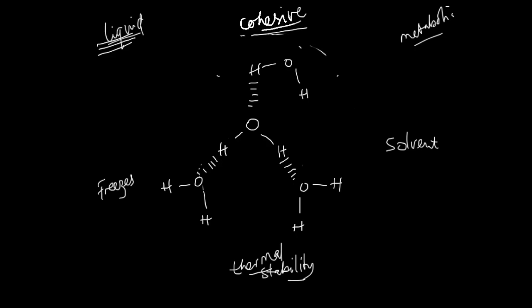And because the particles can still move around, because those bonds are weak, it can be a liquid. For the same reason, water has a high thermal stability. What that means is it takes a lot of energy to change the temperature of water. And that makes sense if we realize that changing the temperature essentially just means increasing the kinetic energy of the molecules, which in simpler terms means increasing the amount that they can move.